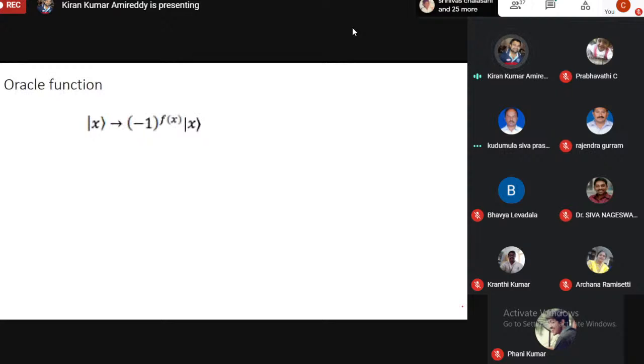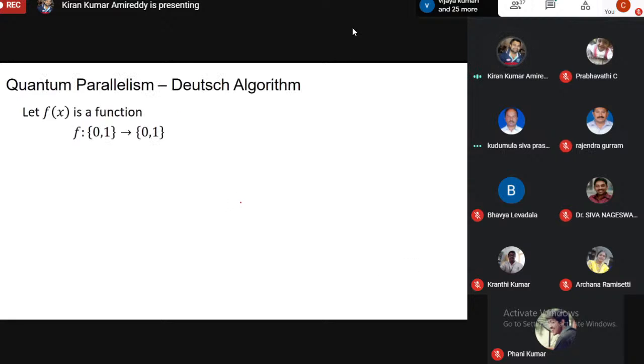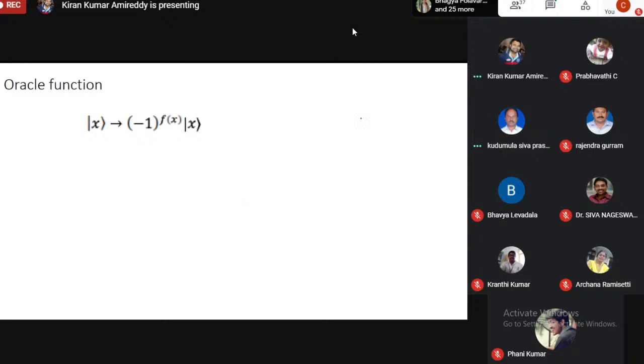Then coming to the oracle operation, mostly this oracle operation can be used to find out the success. Suppose f of x is given, and the domain belongs to a range.